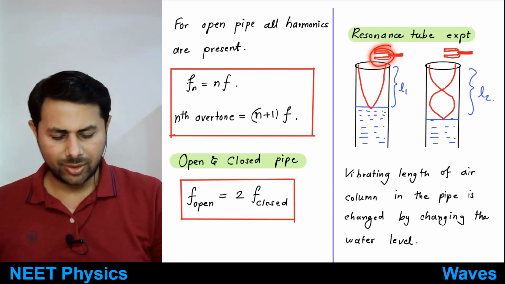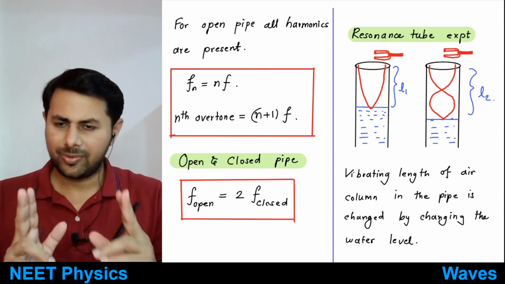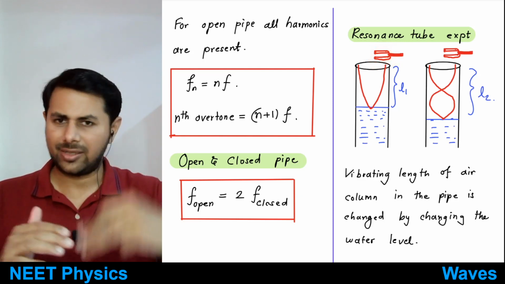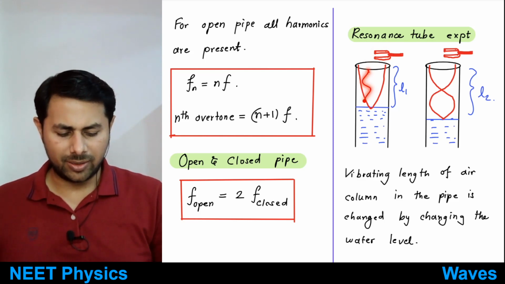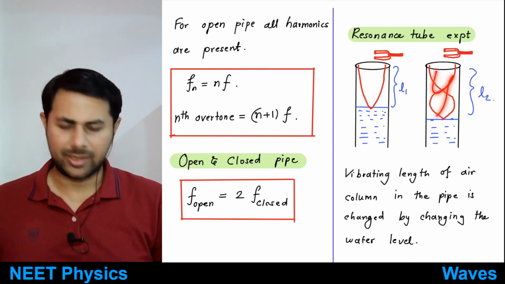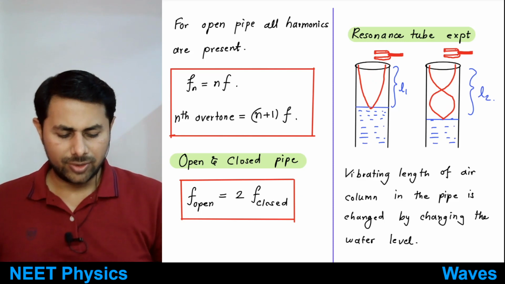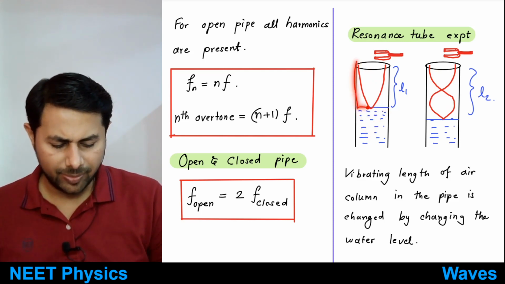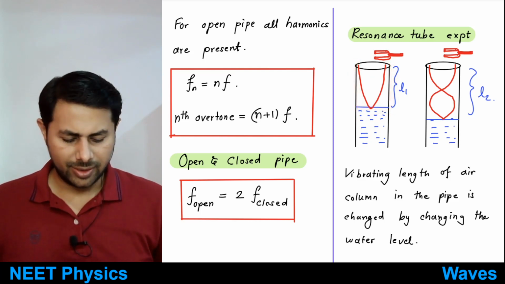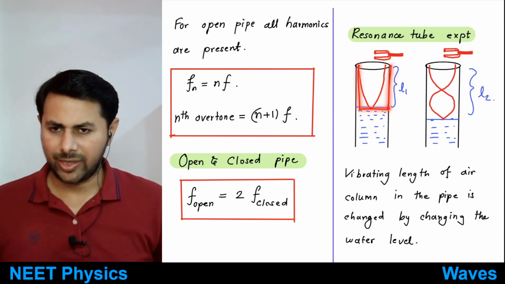You keep it on top of this pipe, and then the air column inside the pipe begins to vibrate. So either it can vibrate in the fundamental mode or in the second mode, in third mode. Because of the presence of water, it is just like a pipe closed at one end, right? This is a pipe closed at one end.